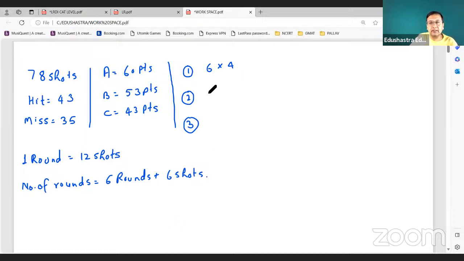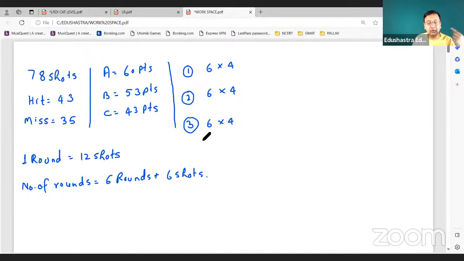The second person, 6 rounds and 4 shots. Third person, 6 rounds and 4 shots. So in total this way, 72 shots are fired, and the first, second, and third person have all taken their turns, right?